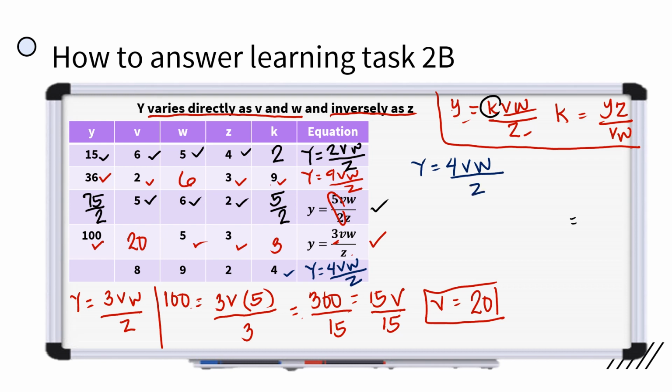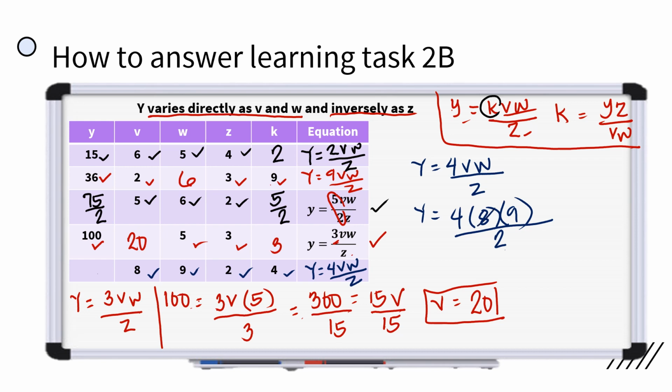Elaborate natin itong isa. Next. So, nawawala is y. So, y is equal to 4. Ang v natin ay 8. Ang w natin ay 9. Then, ang ating z ay 2. So, may nakita na naman na tayong shortcut ulit.